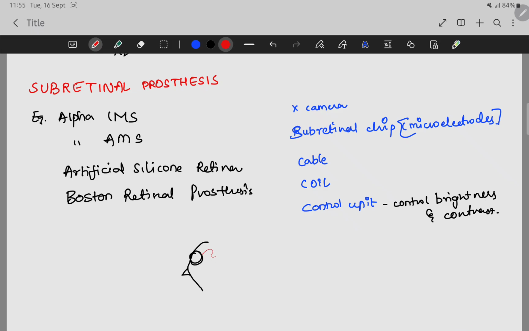There is this subretinal chip, there is a cable, and there is a coil. So this coil is situated behind the ear, and there is a control unit.